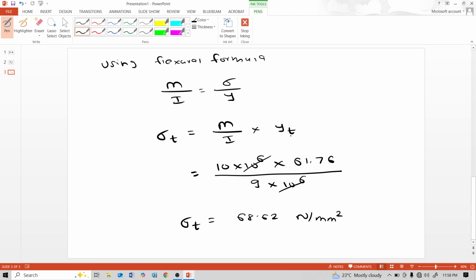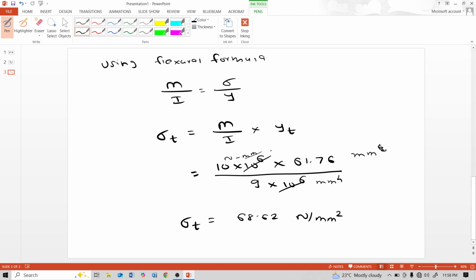So see, this 61.76 is in mm. This moment of inertia is in mm raised to 4, and this yt is mm, so mm into mm is mm square.